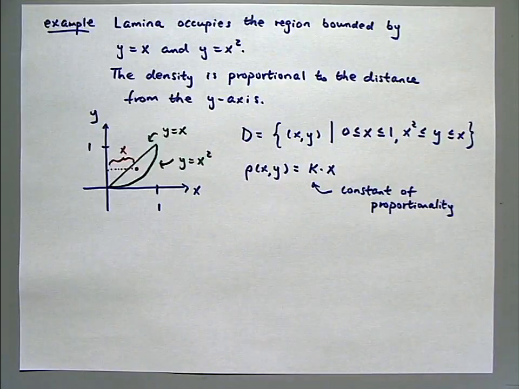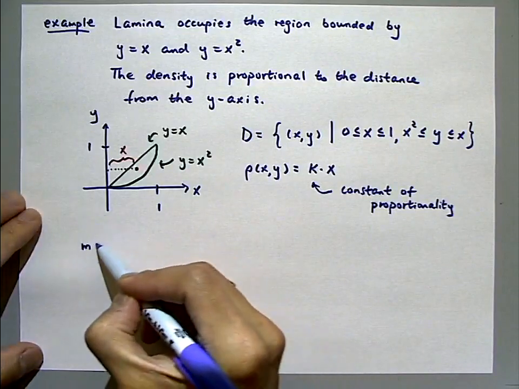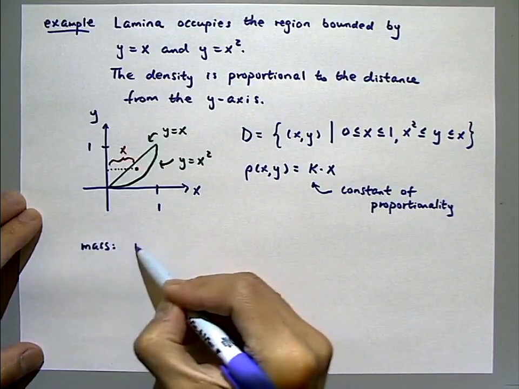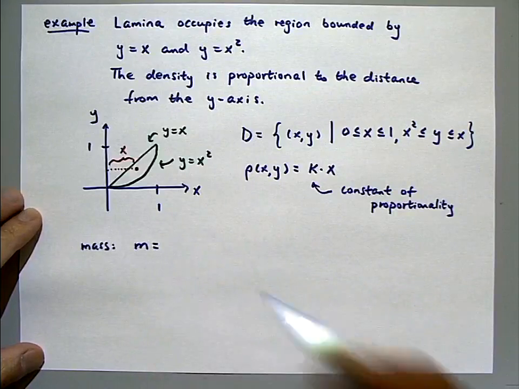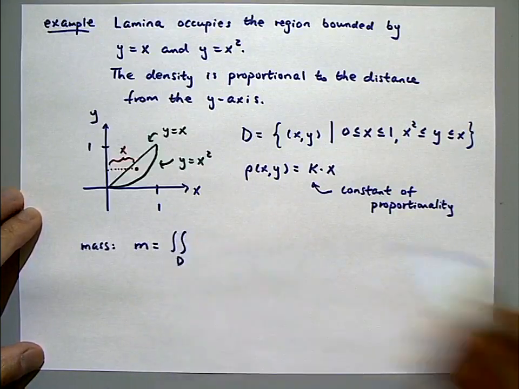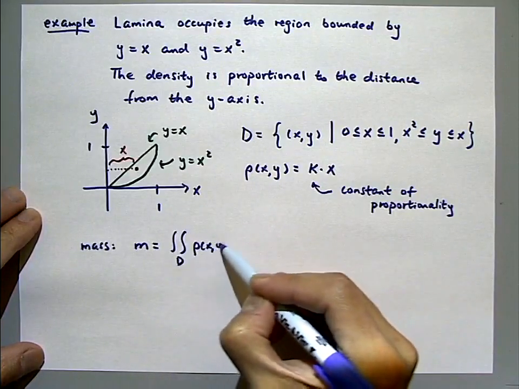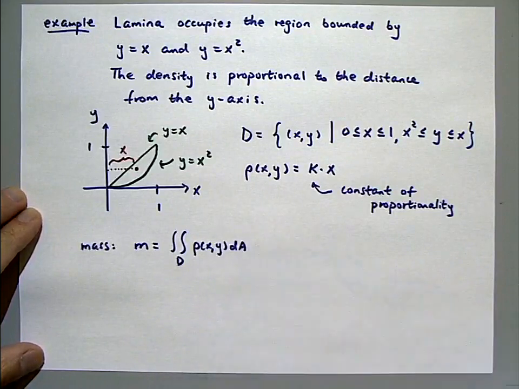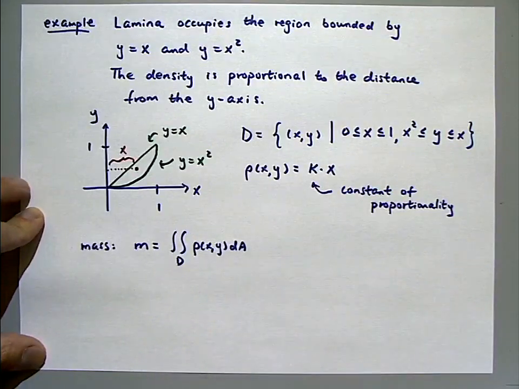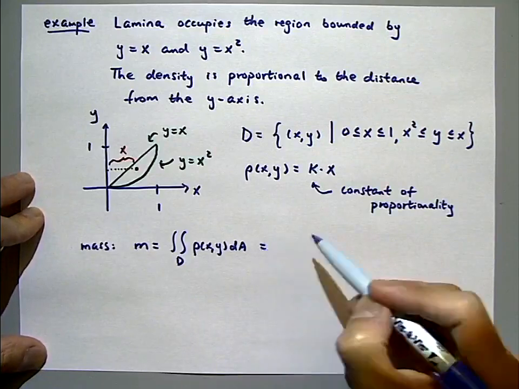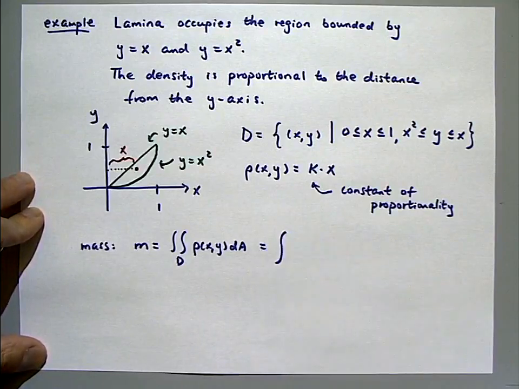Okay, anyway, let's calculate the mass. Double integral, density, small patch of lamina, dA. All right, type 1.